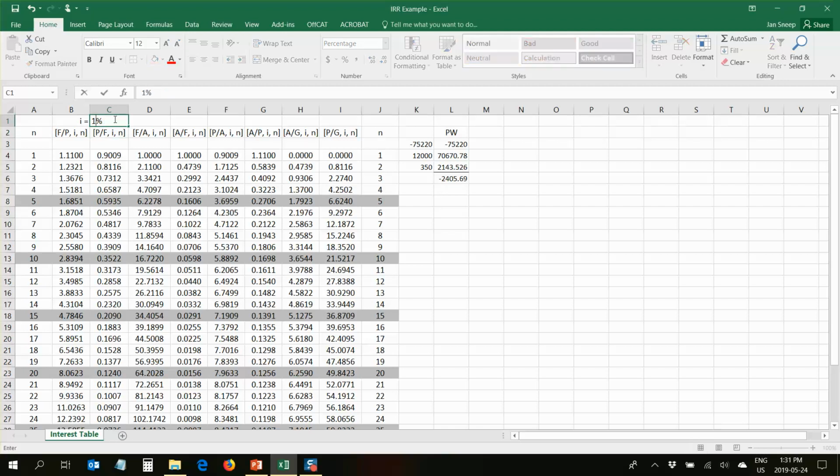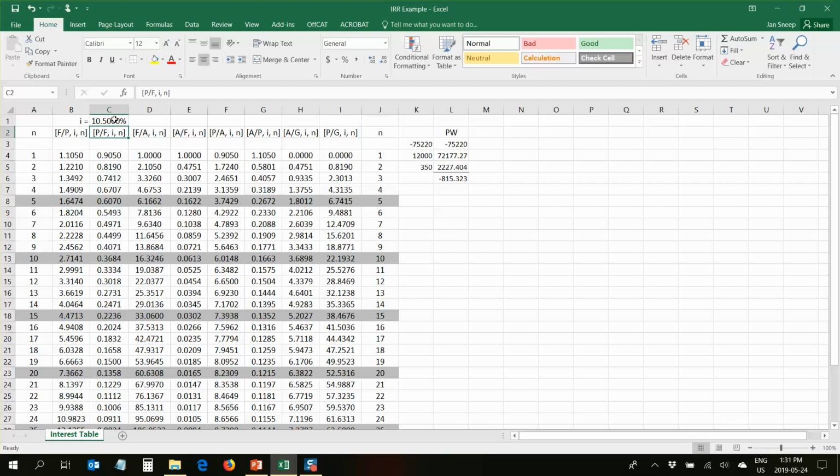So let's try 10.5. It's still negative, so that tells me that the number is between 10 and 10.5. So let's try 10.25, 10 and a quarter. That's getting closer. Now it's on the high side, so I need a number between 10.25 and 10.5.